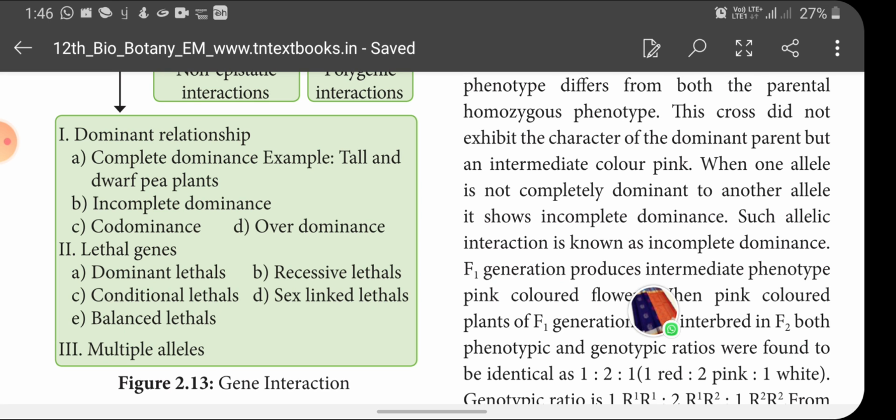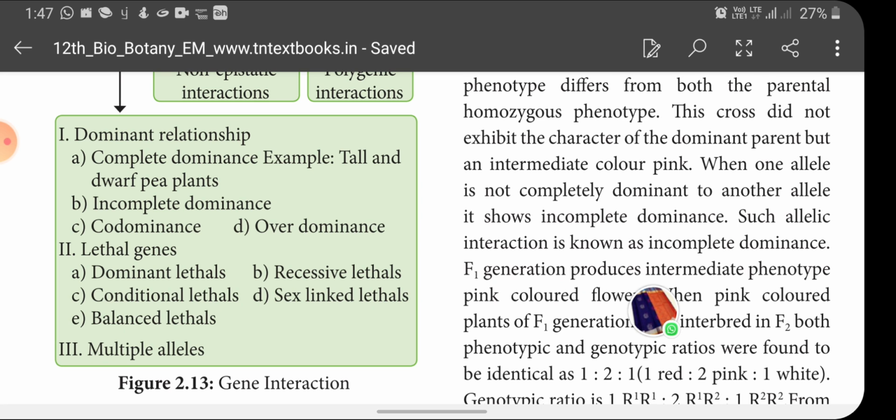If a person has the allele for A, or IAIO, he has blood group A. Suppose he has alleles IB or IBIO, he has blood group B. But when he has alleles IA and IB, one allele is IA, another one is IB.